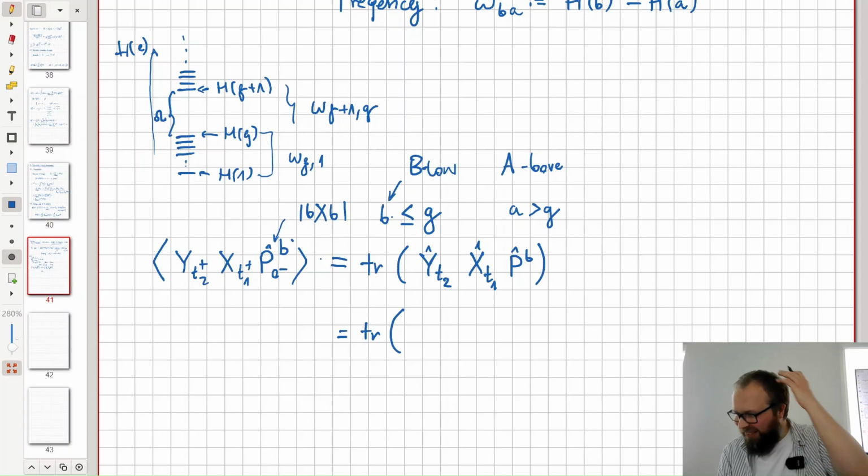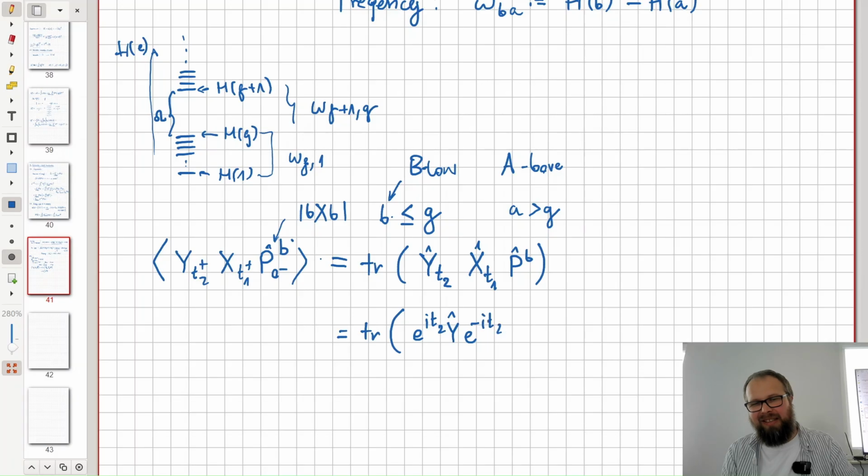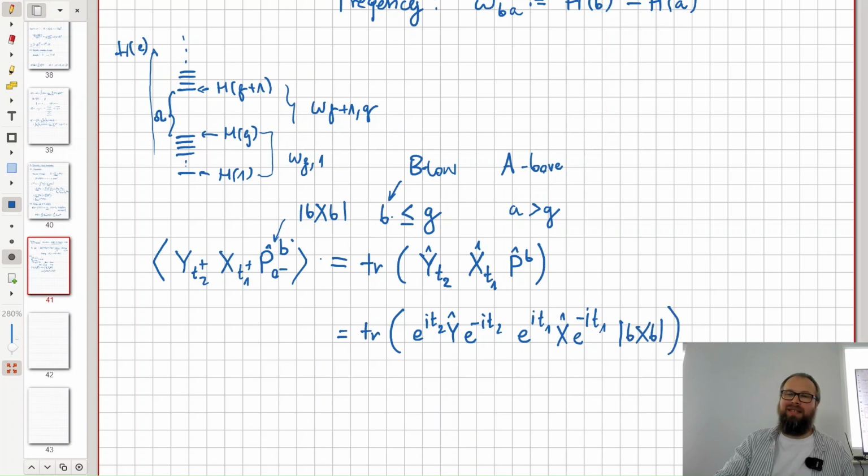Now I have to transpose A and B from my notes in my mind. I'm sure I will fail. So e^{iHt2} y e^{-iHt2}, Heisenberg picture, right? I'm just translating: e^{iHt1} x e^{-iHt1}, and the projector on B, below.